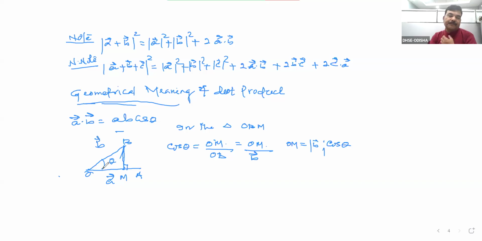Okay. So A dot B is equal to A mod into B mod cos theta.